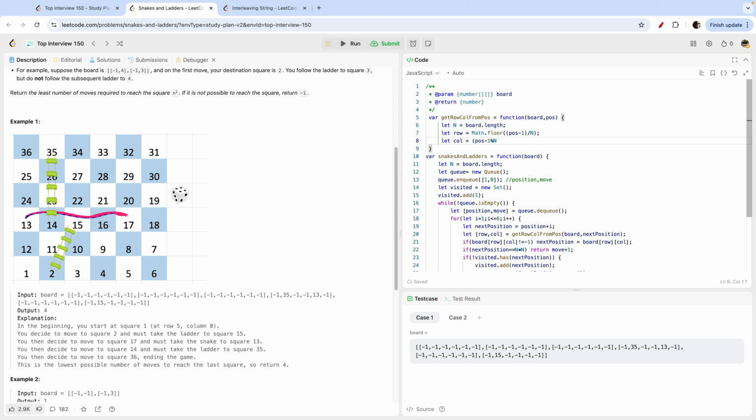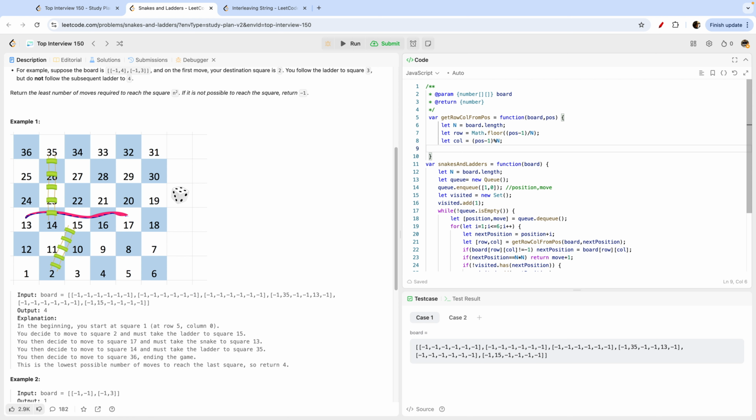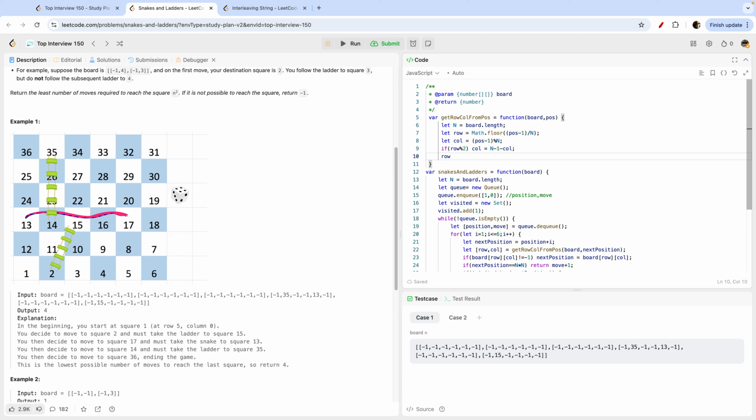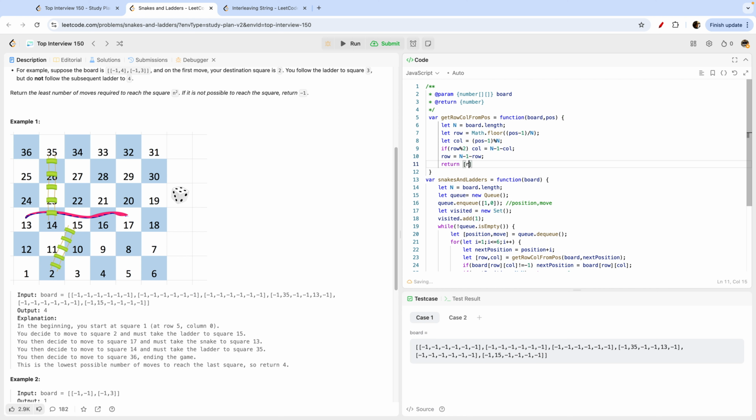But we need to adjust the column number for the odd rows. If row modulo 2 is not 0, then it's odd, and the column is n - 1 minus column. Similarly, to get the row from top to bottom, row would be n - 1 minus row. And we return it.